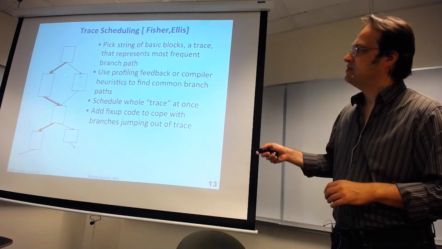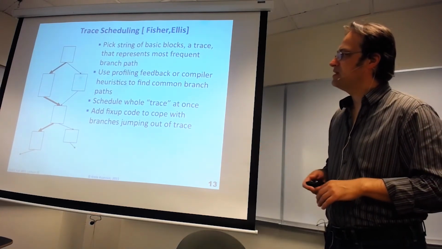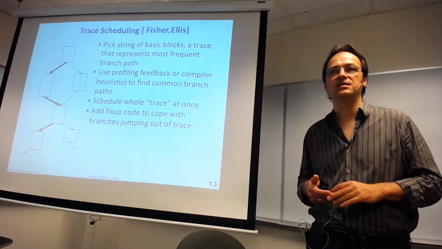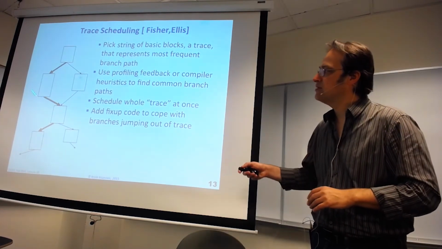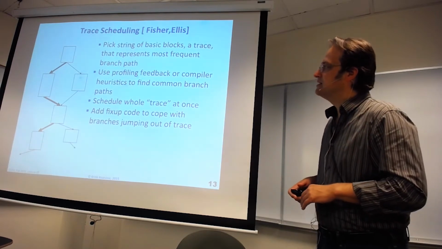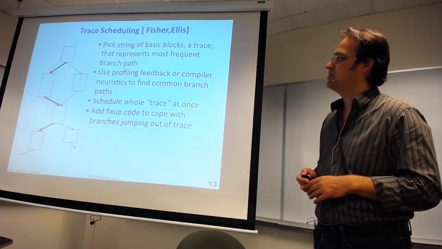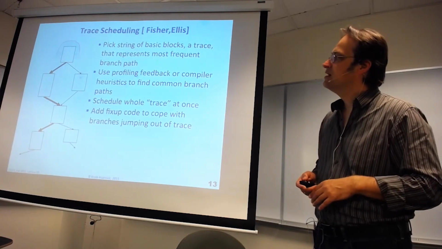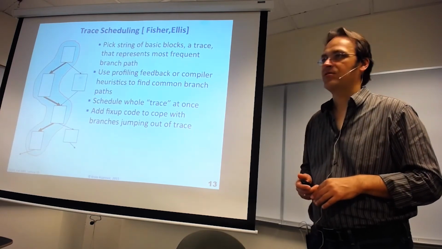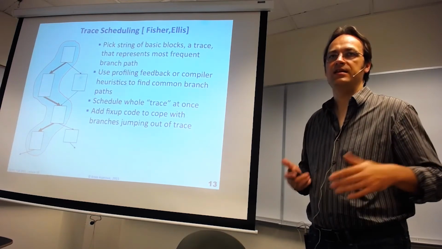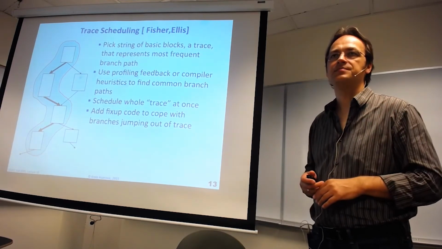In this diagram, the weight of the arrow indicates the frequency of taking that particular path between the basic blocks, so this is the most heavily used path along here. The general idea is you start with the whole program, find the string of basic blocks that represents the most frequent branch path, and then take that whole path and schedule that code as a unit, almost like a very large basic block.